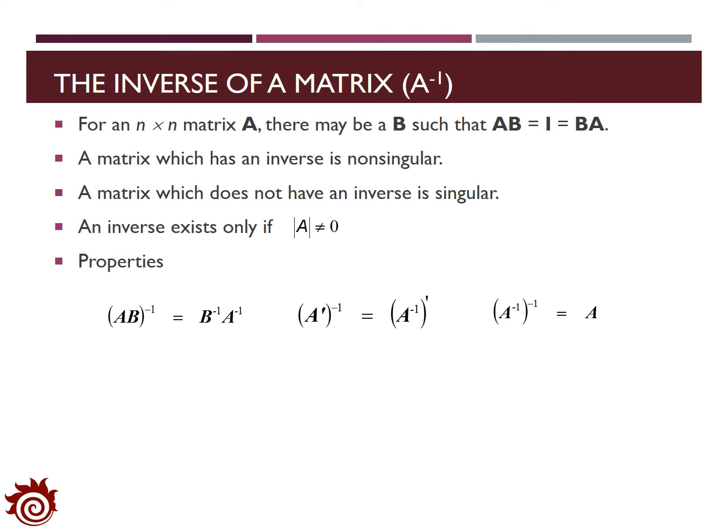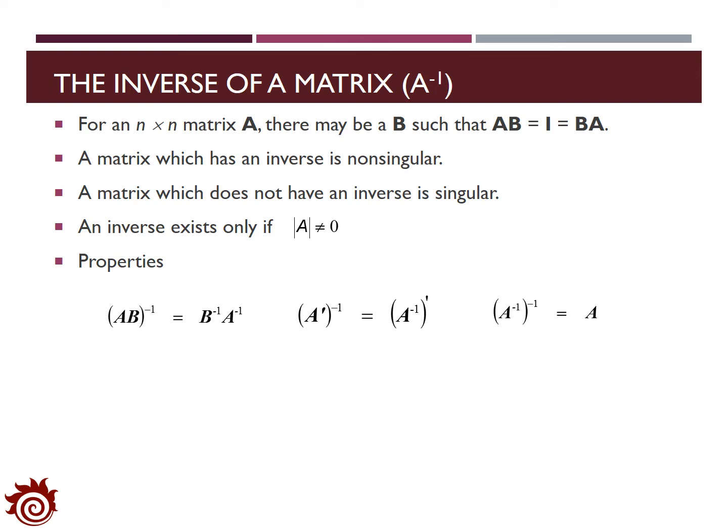The last characteristic I will show is the inverse of the matrix, which is denoted as A to the power of minus 1. A matrix has an inverse only if it's a square matrix. If matrix B is an inverse of matrix A, then A times B is an identity matrix, and similarly, B times A is also an identity matrix.